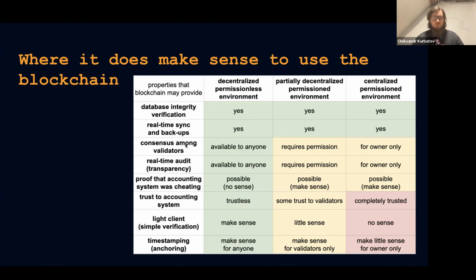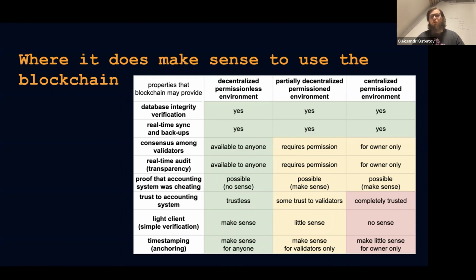Later, yes, blockchain can allow you to create a light client in a decentralized environment. For example, in Bitcoin there is the simple payment verification mode, and it means that you can create a light client without needing your own instance of the blockchain.